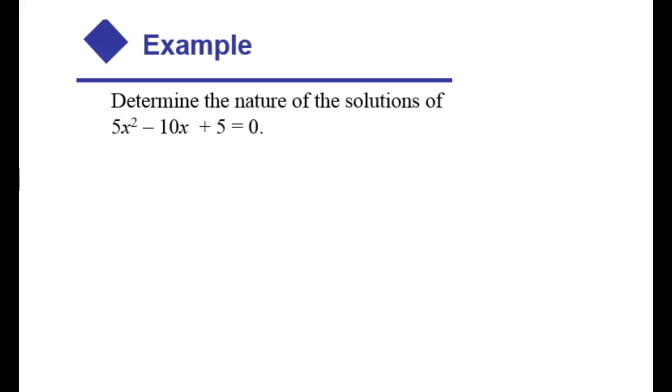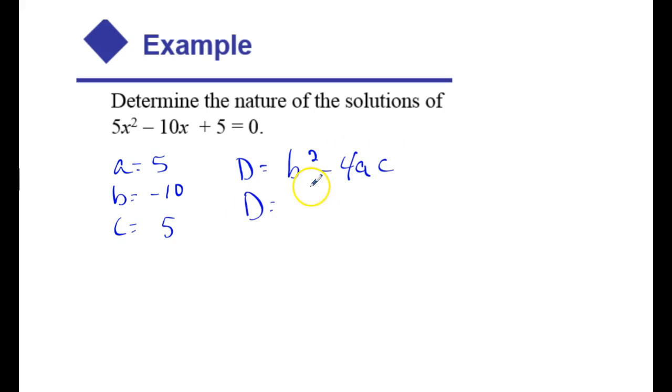So to determine the nature of the roots, we'll identify the values of a, b, and c, just like we did for the quadratic formula. But instead of plugging into the quadratic formula, I'm going to plug into the discriminant formula, which is b squared minus 4ac. So the discriminant is equal to negative 10 squared minus 4 times 5 times 5.